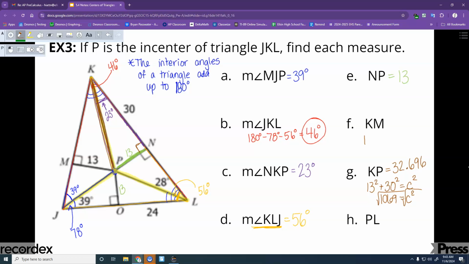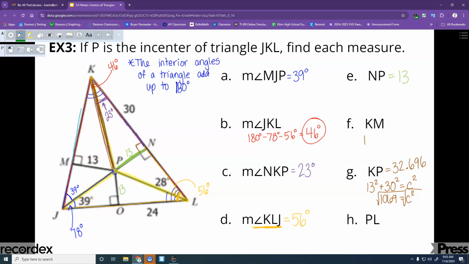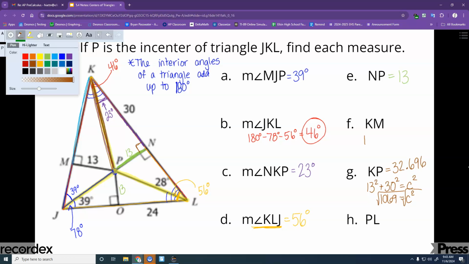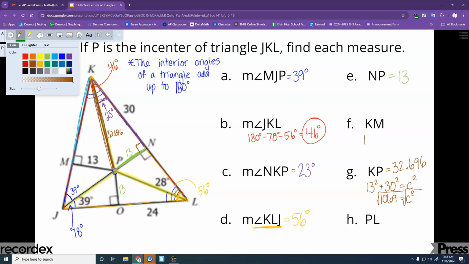And so then if we want to know KM, which is this piece right here, I just found that this side right here was 32.696. So I'd have to do the Pythagorean theorem again over here.